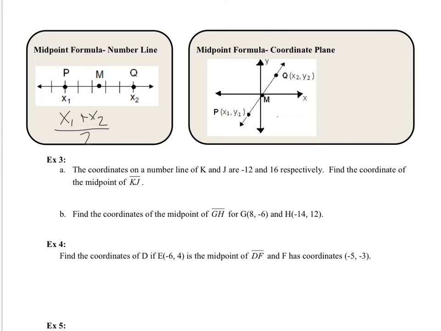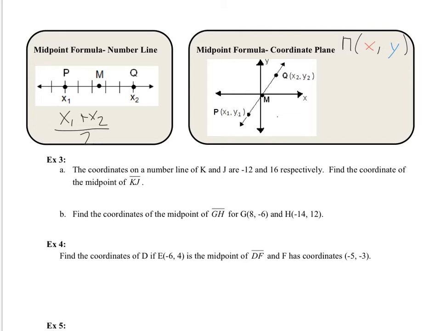Now, for the midpoint formula for a coordinate plane, we are finding the point that is halfway between those two. So this means that we will be getting a point such as M of x, y. This means that our answer will be a coordinate, not just a simple number, whereas on the number line it'll just be a number.